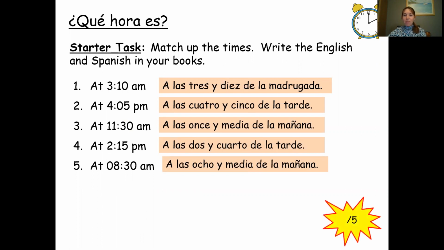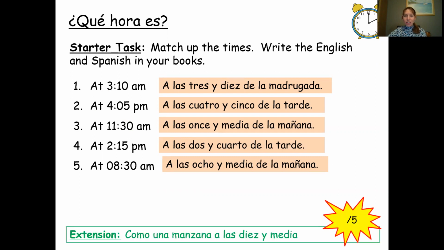Okay, so give yourself a mark out of 5 for that. And your extension task, how do you say I eat an apple at 10:30, is como una manzana a las 10:30. That might be for break time, something like that.